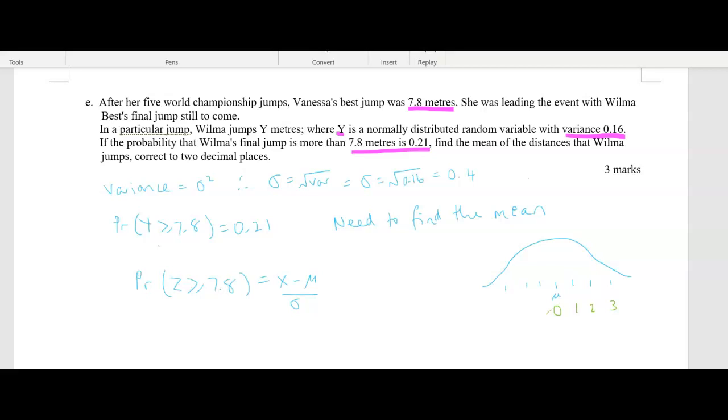All right, so we only want to look at the top 21%. Okay, so I'm not too sure where that is. I can't think off the top of my head, so we'll just say it's around here. Actually, I know what it is because I just did it on the calculator.